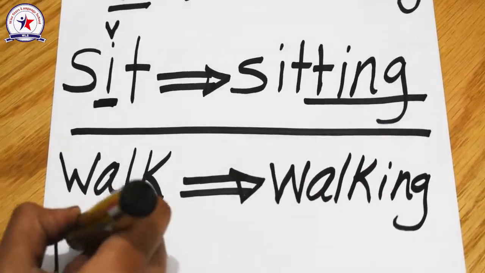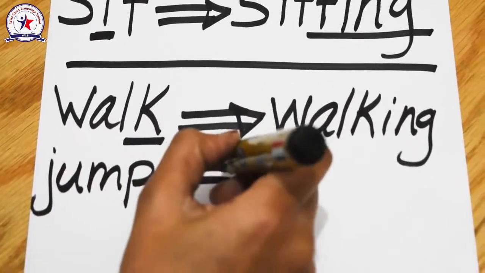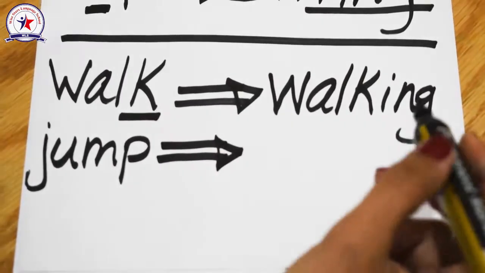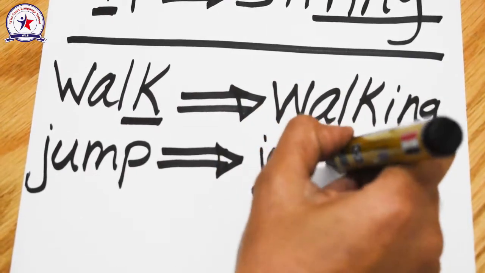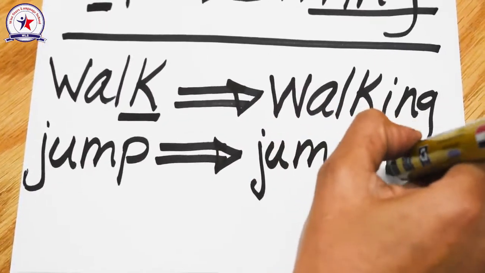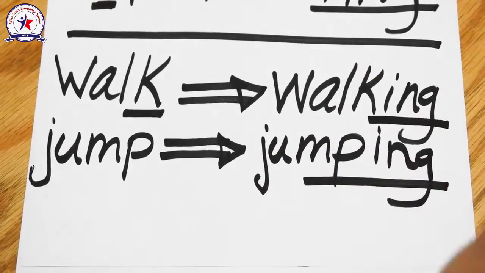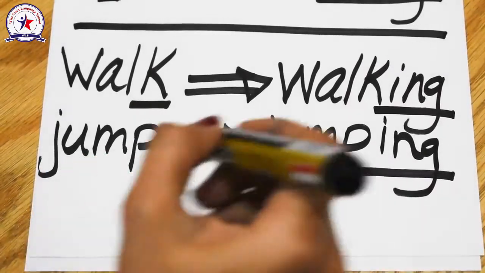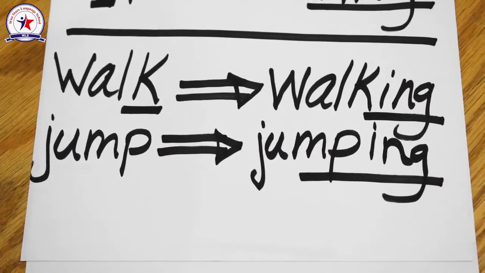Another example, jump. The P is a consonant letter or a regular letter, so we're going to add ing without changing the verb. So it's going to be jumping, walking. This is the original or the regular rule.